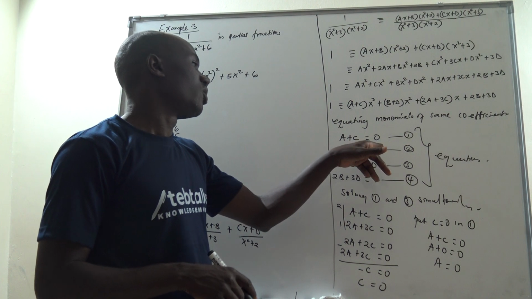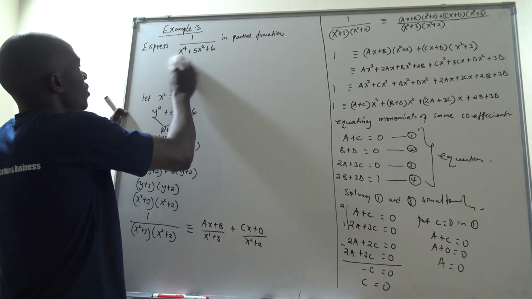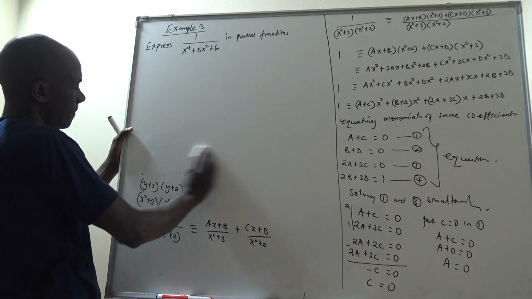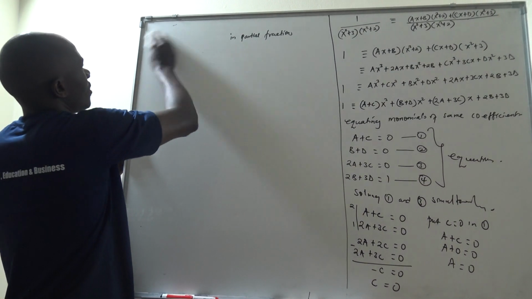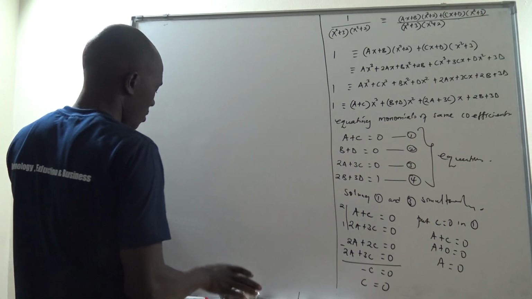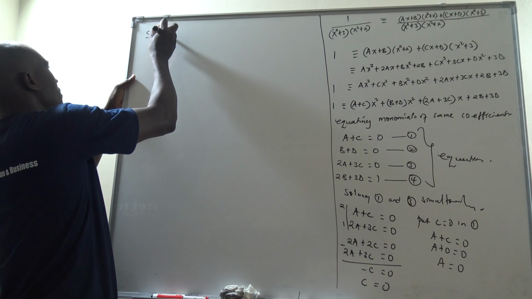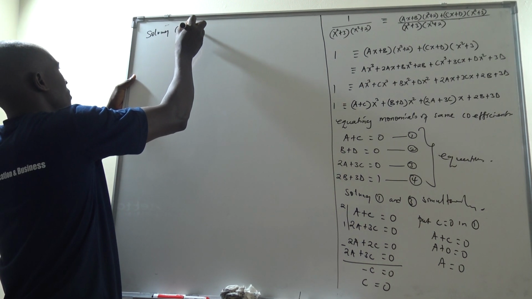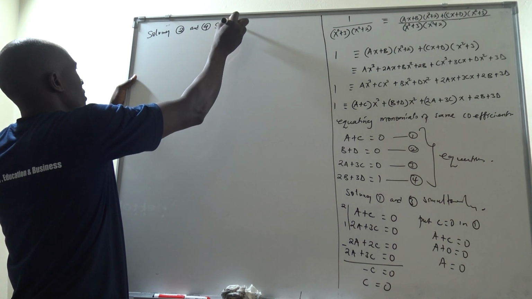You can see 2 and 4. So we shall say, solving 2 and 4 simultaneously.